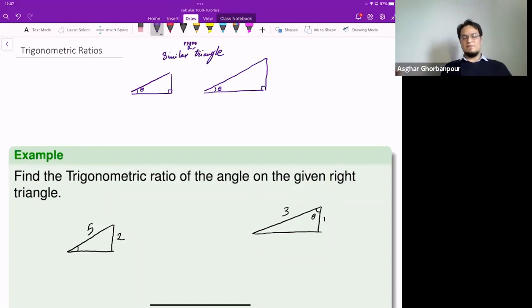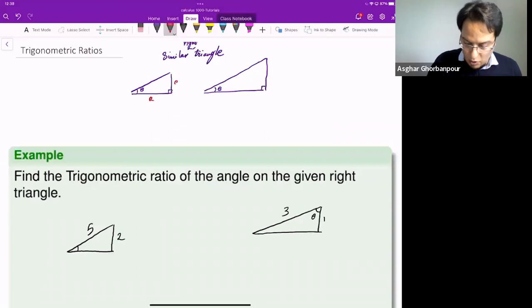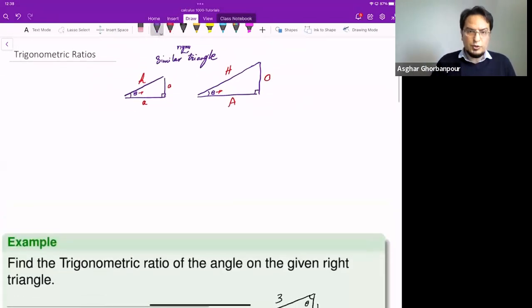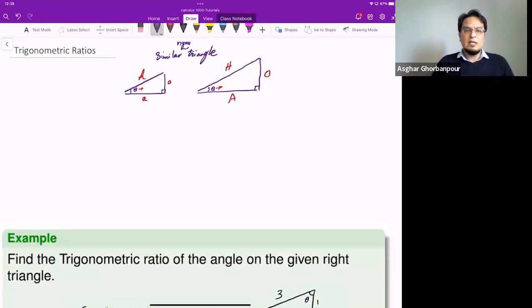And by a very nice fact from the old geometry, you know that the ratio of corresponding edges for these guys are the same. So if I denote this one O, A, H, looking at this angle theta, based on those very simple facts, you take any ratio of two edges of these guys, they will give you the same thing.